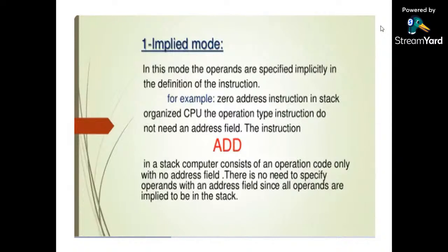As we have seen previously, in add we are not specifying any address here. So by default, we know that whenever we give the add command, the two data will be fetched from the top of the stack. They are not present in any memory or general purpose register. So data will be fetched from the stack, and the result of addition will also be stored at the top of the stack.